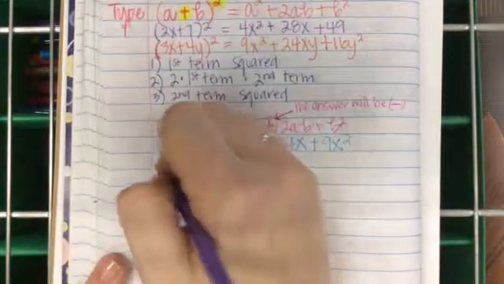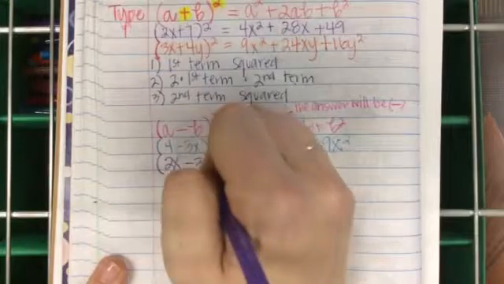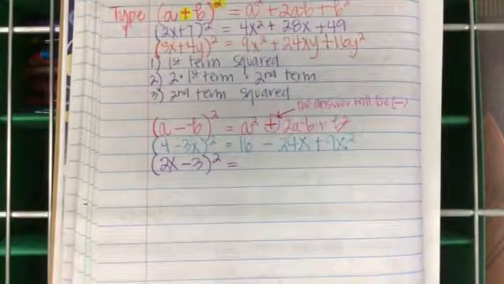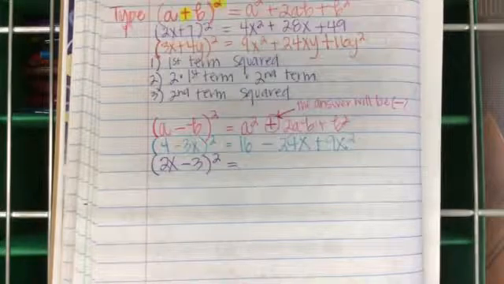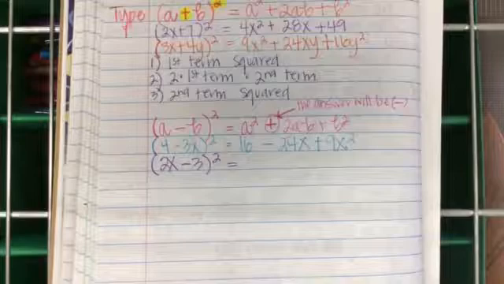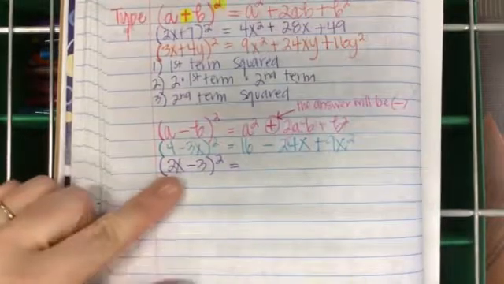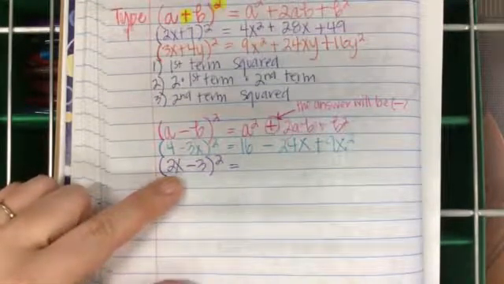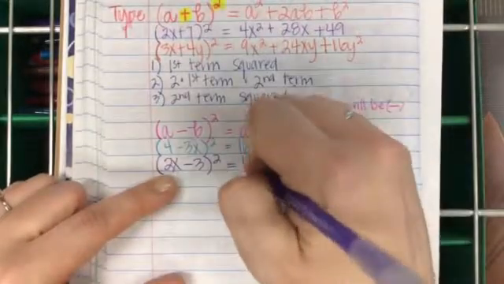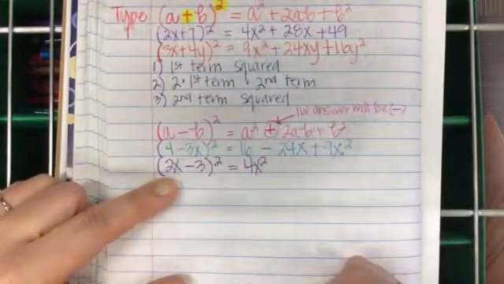Try another one. 2x minus 3 squared. So the first term squared. 2x times 2x is 4x squared.